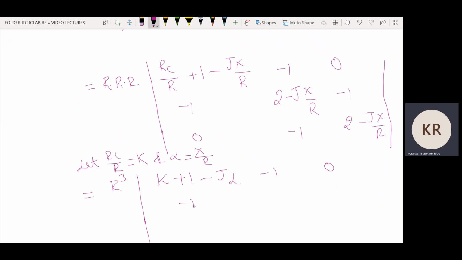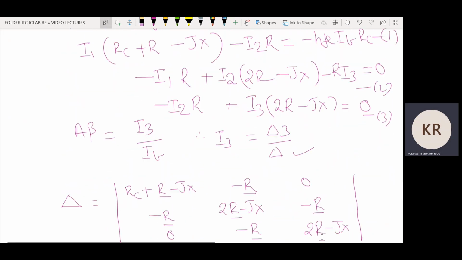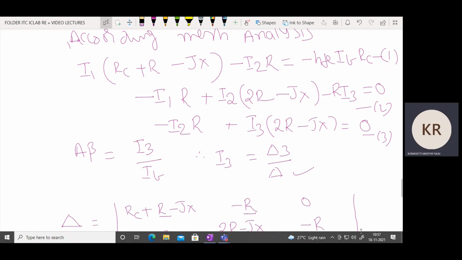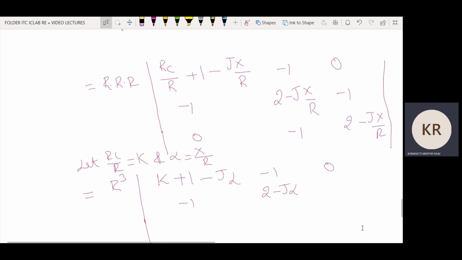Then minus 1, 2 minus j alpha, minus 1. Then 0, minus 1, 2 minus j alpha.